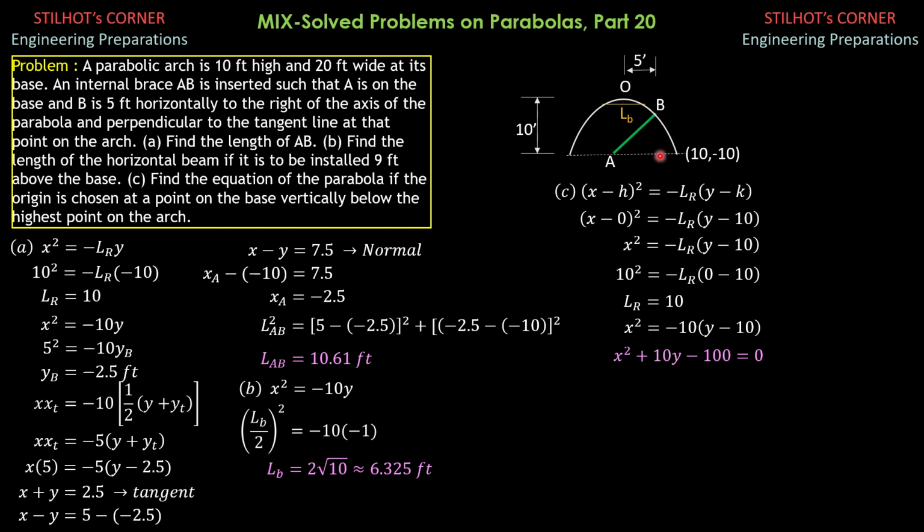So 5 squared, 25 plus 10 times 7.5, 75, 100 minus 100 equals 0.